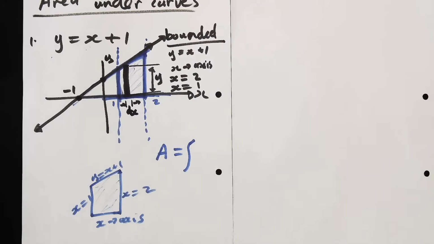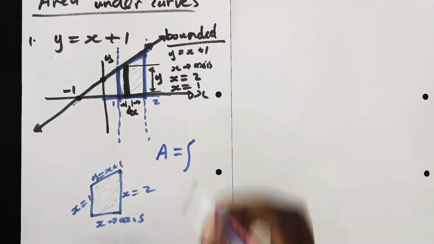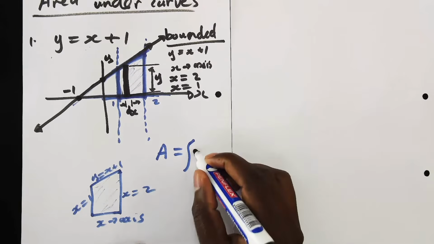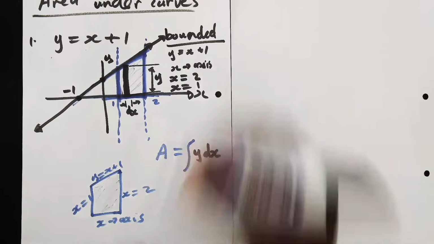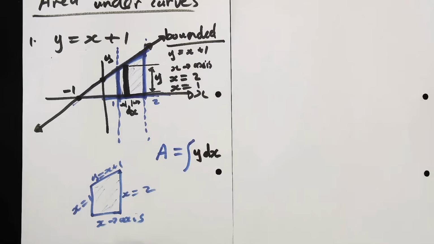We'll say dx is a small increment, a small change in x. We just enlarge it a bit to show that. So if we want to find the area of that rectangular strip, it's length times breadth, isn't it? So it's y times dx.